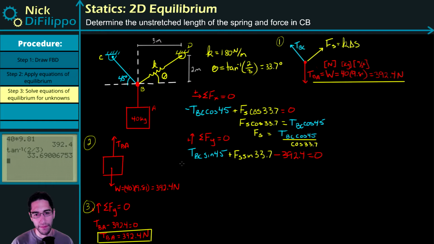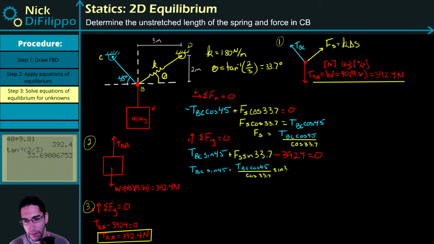So when I have TBC times the sine of 45 plus TBC times the cosine of 45 divided by the cosine of 33.7 times the sine of 33.7, I'm going to bring this part of the equation over to the other side, the 392.4. So that's equal to 392.4.